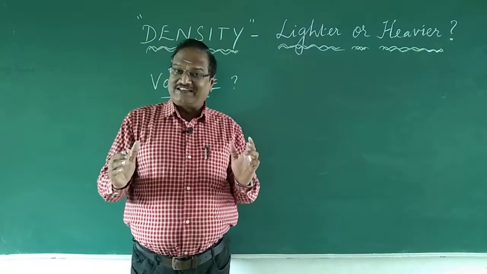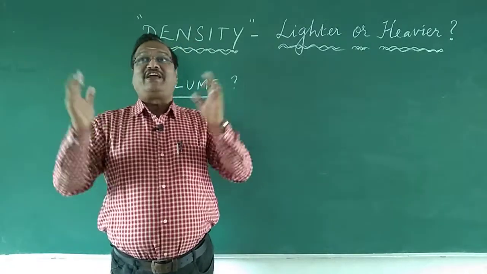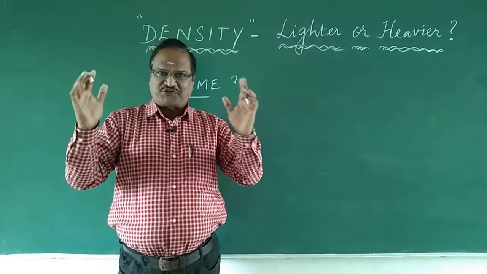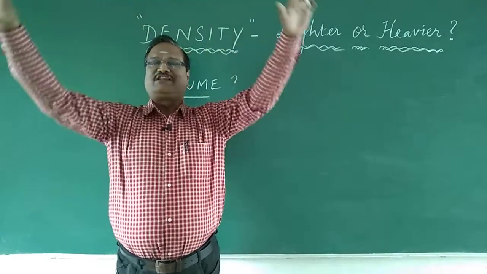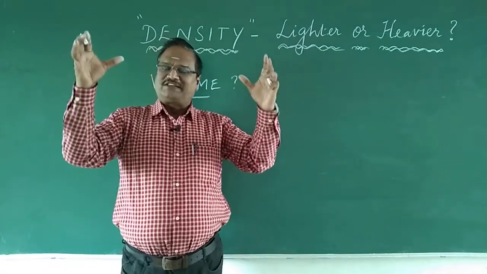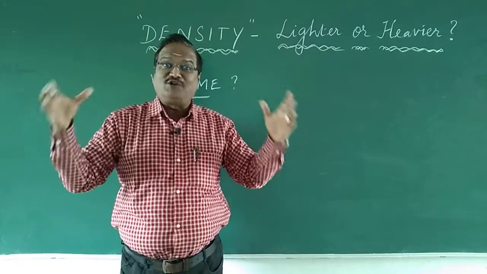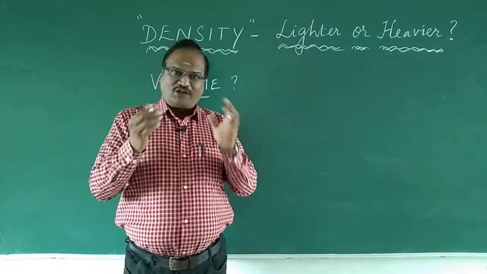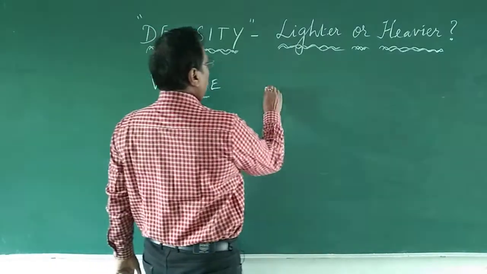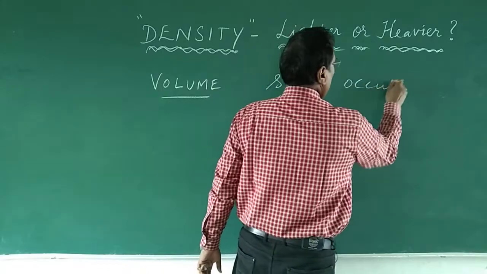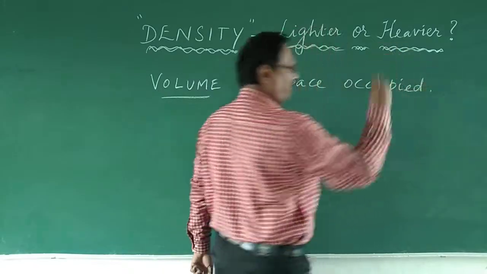Other than that, invisible to me, air is there. Air is matter in the gaseous state, and it is occupying this room. So how much volume of air is occupied, we can find out. Volume is basically the space occupied by a body.